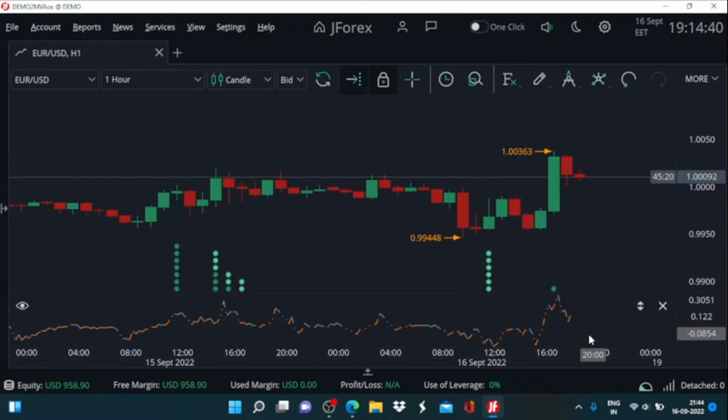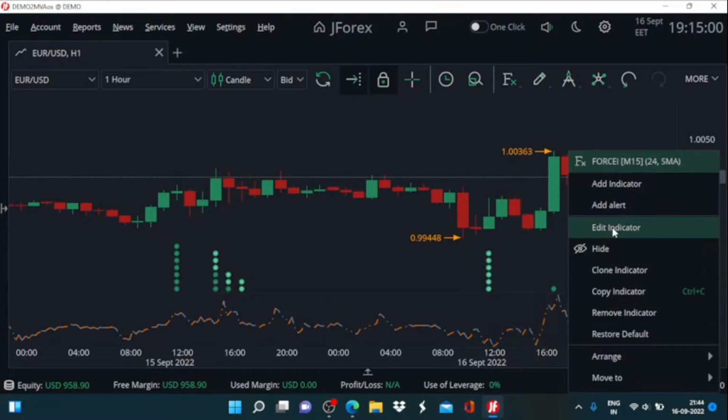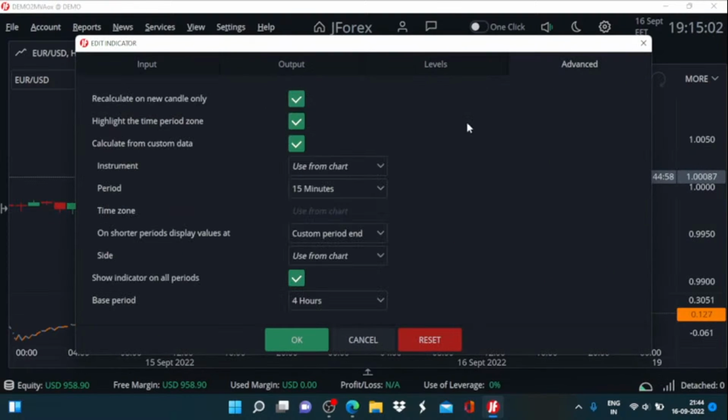So here we have this plotting of the force index output using 15 minutes as its candle period, with 24 being the calculation period. So we are looking at only 6 hours of data instead of 24 hours of data, even though the chart's candle period is the hourly time frame. This plays a very important role in getting you the kind of data points you want.